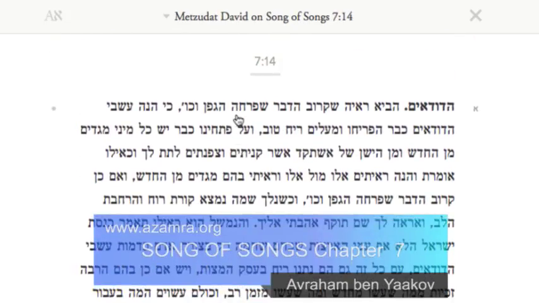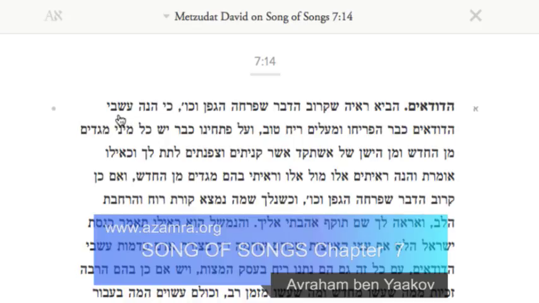And continuing now with chapter 7, verse 14, Hadudoim nosnu reach, the mandrakes have given forth their fragrance. This is, says the Metzudat David, a kind of proof that it's very near and reasonable to suppose that indeed the vine has flowered forth.